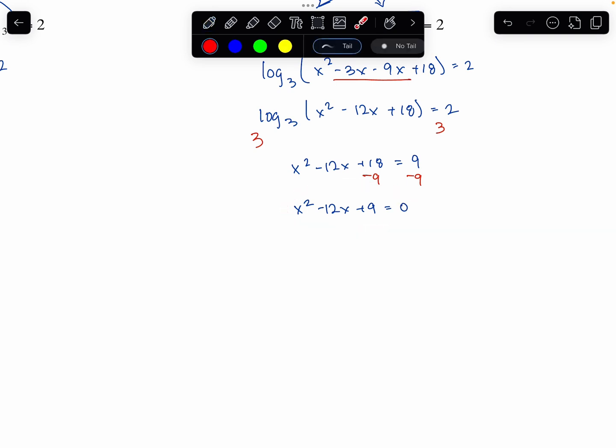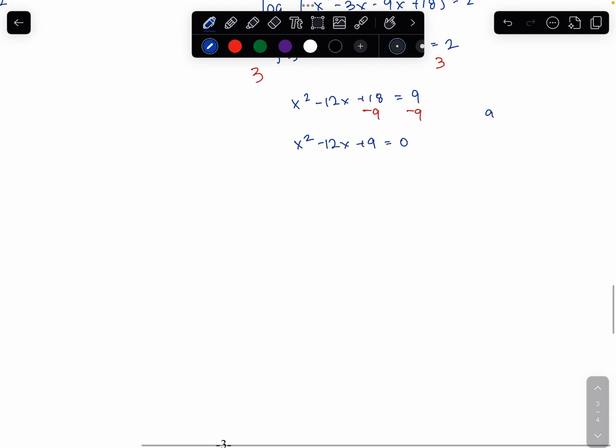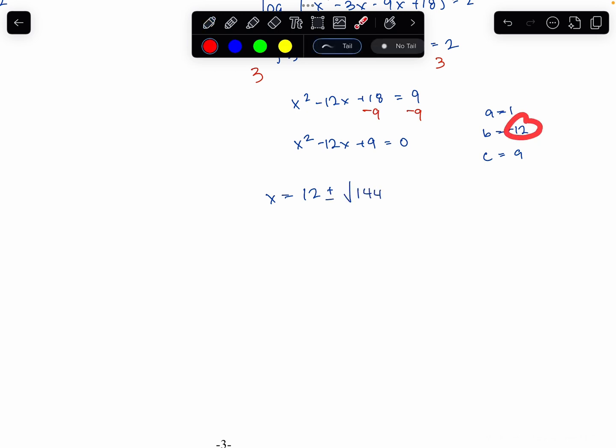And then, are there two numbers that multiply to be 9 and add to be negative 12? I don't think so. So you have to use the quadratic formula. So a is equal to 1, b is equal to negative 12, c is equal to 9. So we'll get x is equal to 12 plus or minus the square root of 144, if we square that, minus 4 times a, which is 1, times c, all over 2.